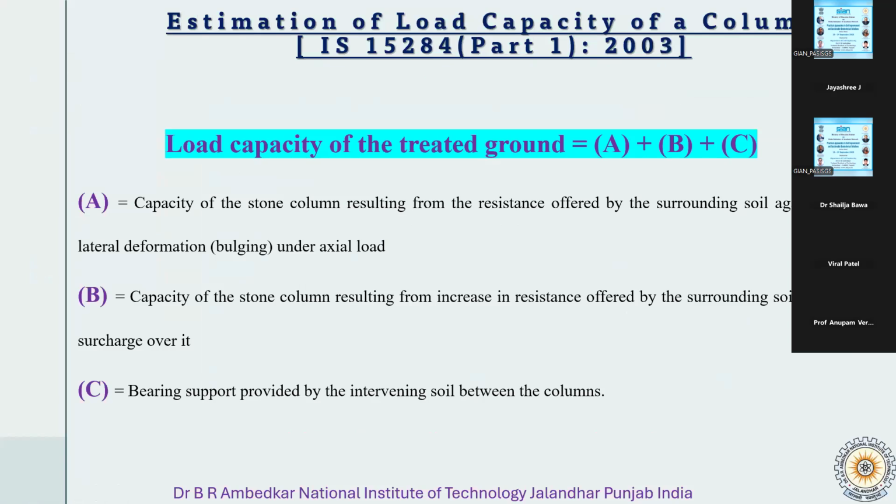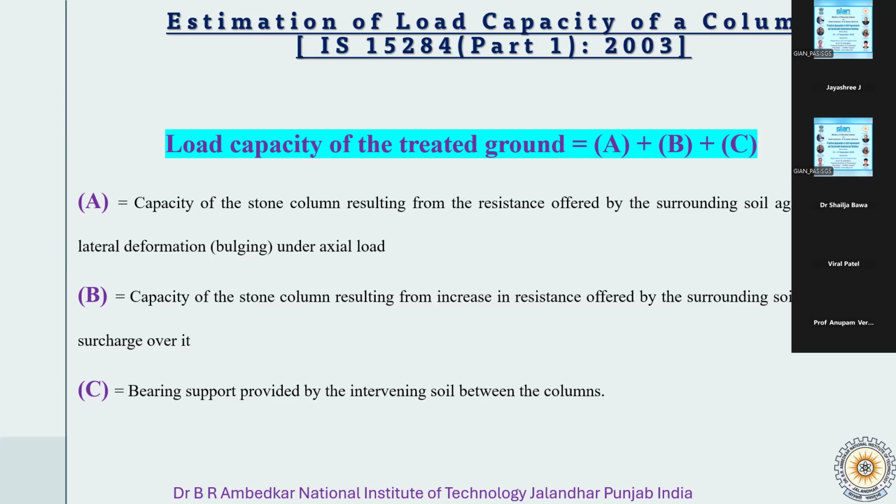Okay. So when we have to design a stone column, especially in cohesive soils, the load carrying capacity of that treated ground is obtained by summing up three things. What are the three contributions?